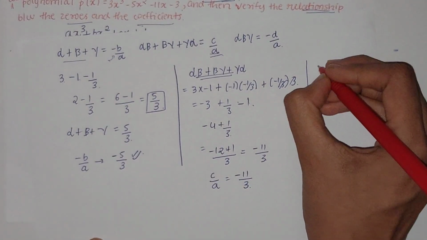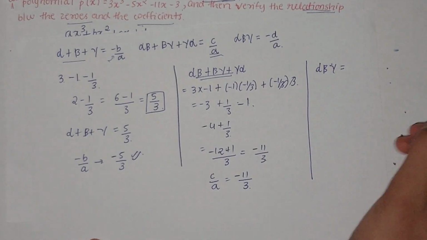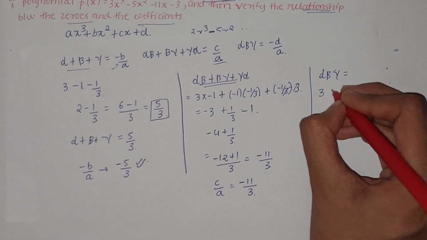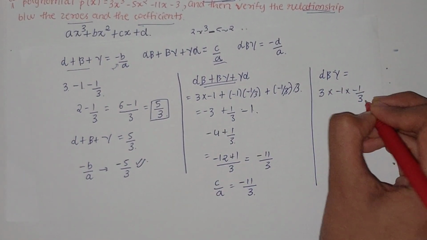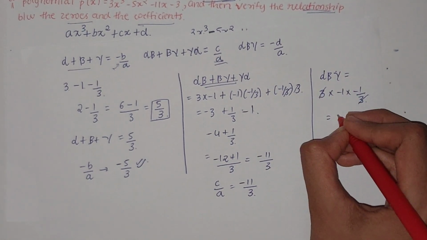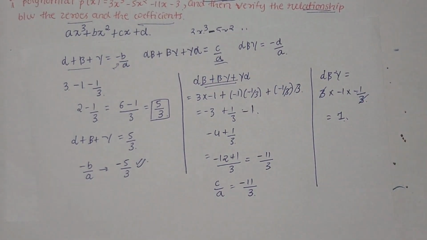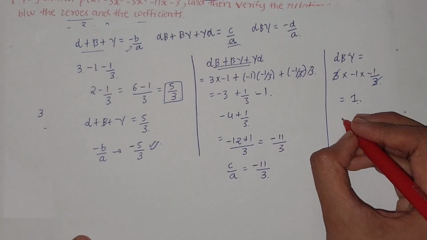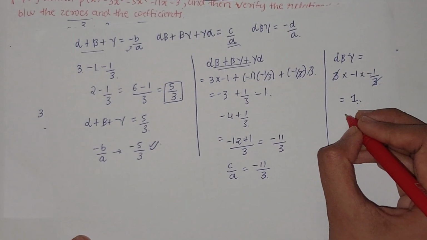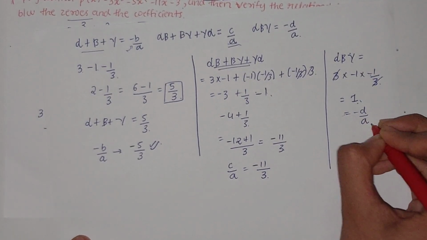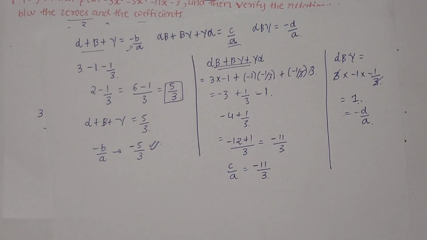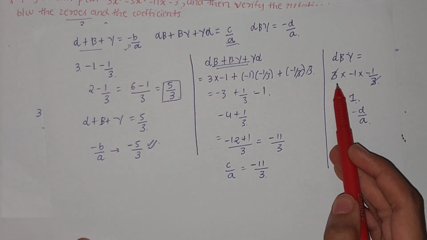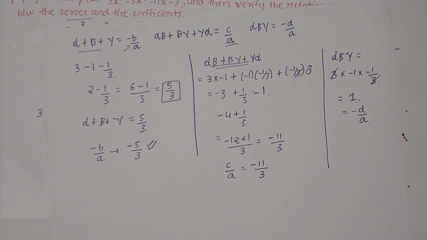Next thing, alpha beta gamma is equal to 3 into minus 1 into minus 1 by 3. So 3 3 gets cancelled, which I'll get minus 1 into minus 1 is equal to plus 1, and this is equal to minus d by a, isn't it? Now substitute.